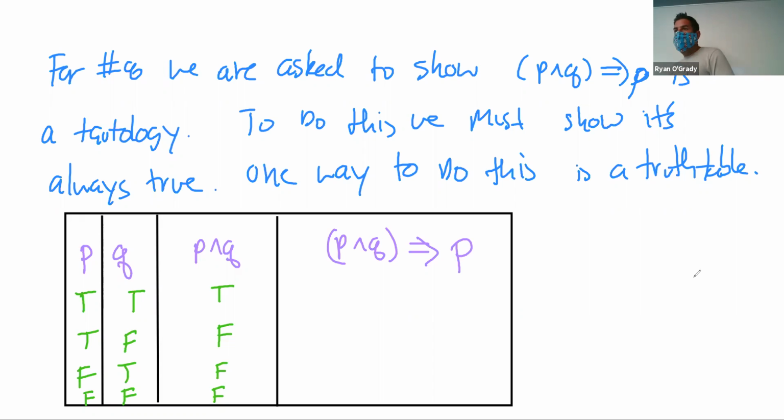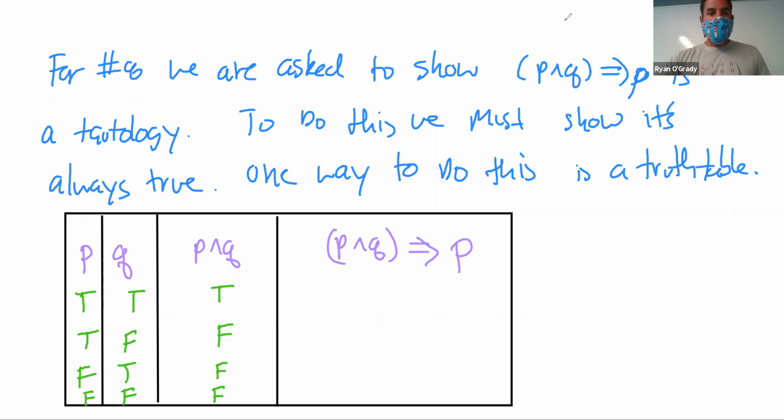So the only time that something implies something else is false, it's only false one time. When is it false? It's only false when you are lied to. If I make a promise and break it. So the only time it's false is if your hypothesis is true, but your conclusion is false.